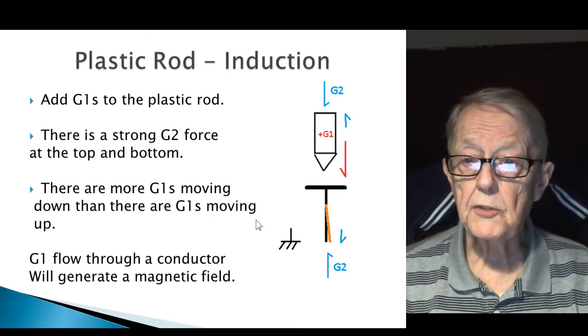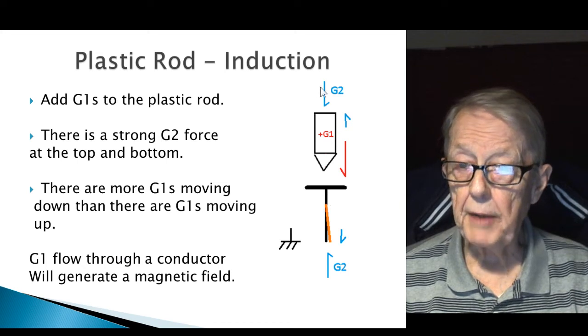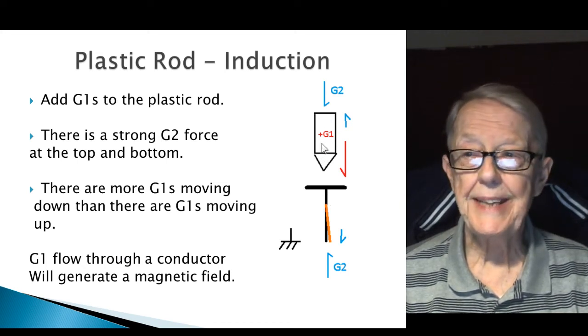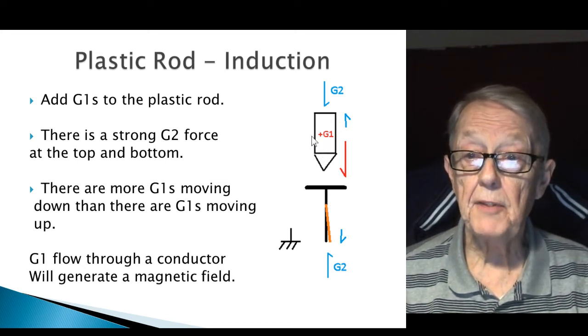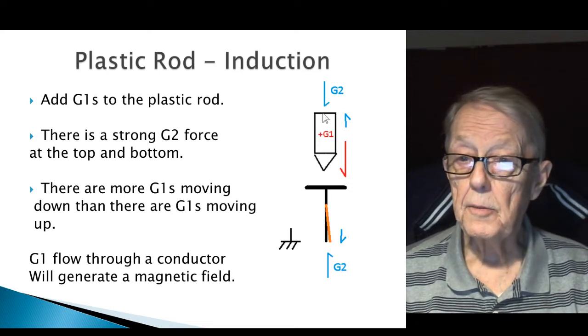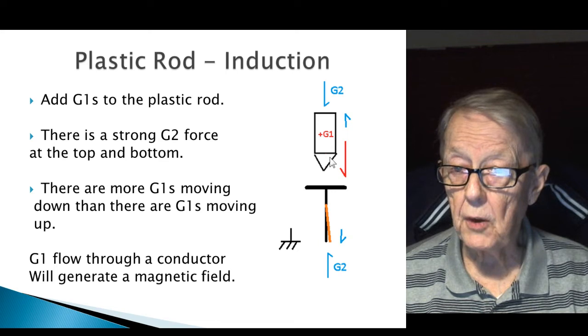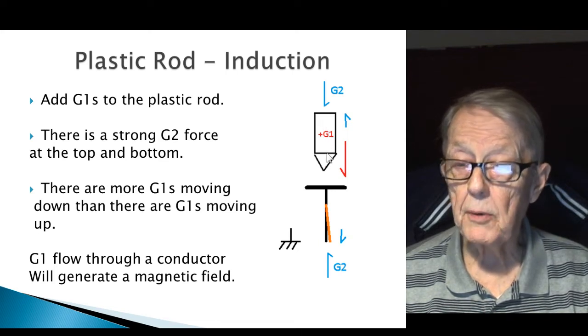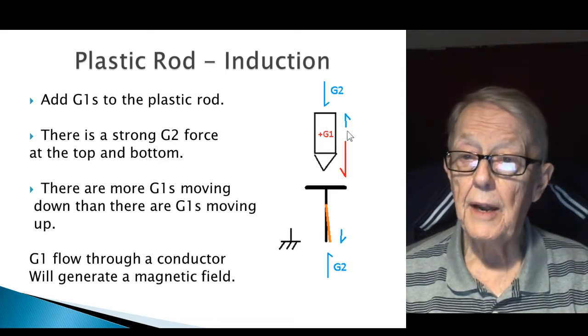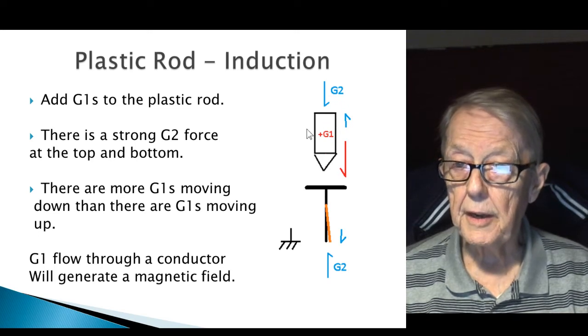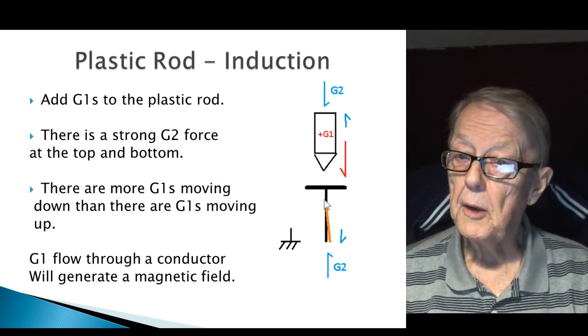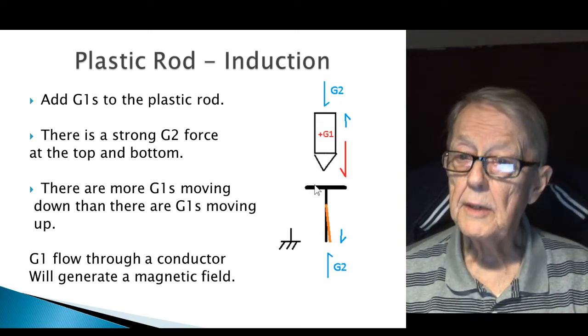When the G1s flow through this metal, when they flow through the rod, there is no magnetic field here. In order to have a magnetic field, the G1s flowing through here have to spiral in a specific way, and in this rod, you can't.